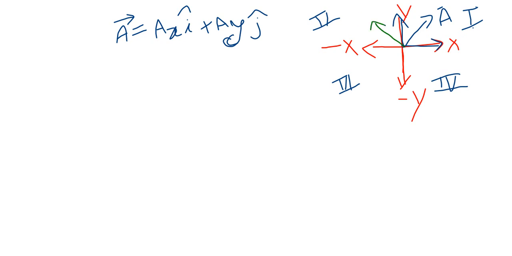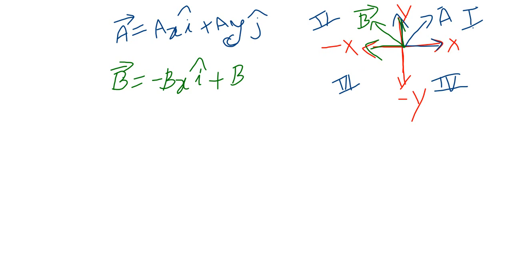So vector b bar is there in second quadrant. See this, b is in second quadrant, y is positive, x is negative. So we write this b bar as minus bx i cap plus by j cap.